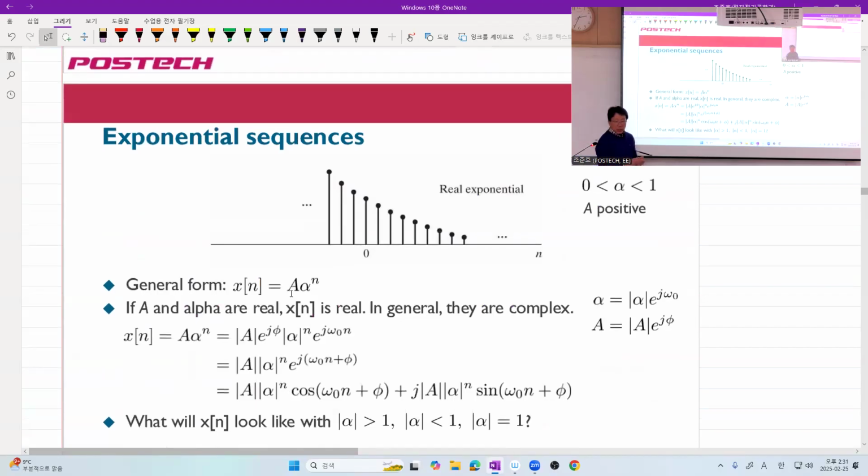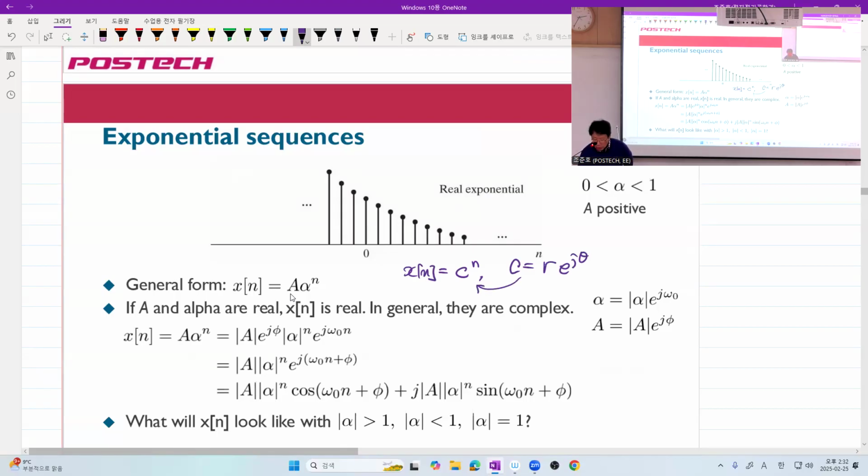And here goes the exponential sequence. As I told you, if a is positive and less than 1, you have the graph that looks like that. And sometimes the base of the exponential function is not limited to a real number. So, for example, you have x of n equals some complex number c to the n, and your complex number can be rewritten as its modulus r times e to the j theta, theta being the angle in radians.